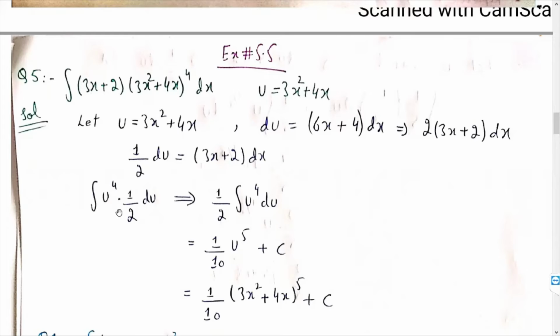So u raised to the power 4 into 1 by 2 du, taking this constant outside the integral, 1 by 2 integral u to the power 4 du. Taking the integral of u raised to the power 4, that is u raised to the power 5 by 5. So I am getting 1 by 10 into u raised to the power 5 plus some constant of integration because it's an indefinite integral.